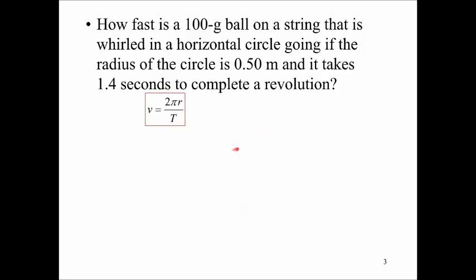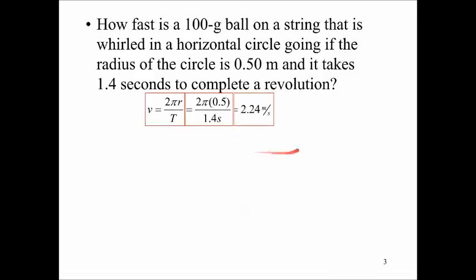We simply take that formula we just learned, velocity equals 2 pi r over T, and plug in the radius of 0.5 meters. We want to make sure we're in meters and seconds, and the period is 1.4 seconds, so that comes out to 2.24 meters per second.